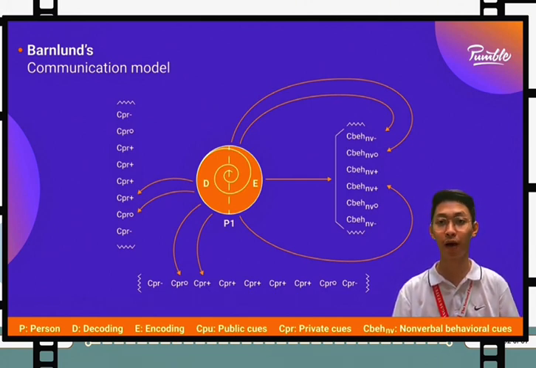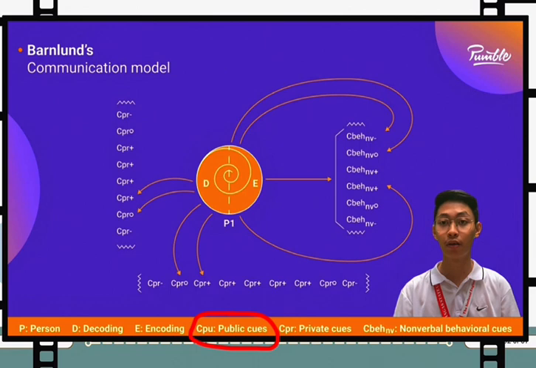Next is spiral lines. It gives a graphic representation of the assumptions like public cues and private cues. For public cues, we have here the CPU. These are physical, environmental or artificial, and natural or man-made.